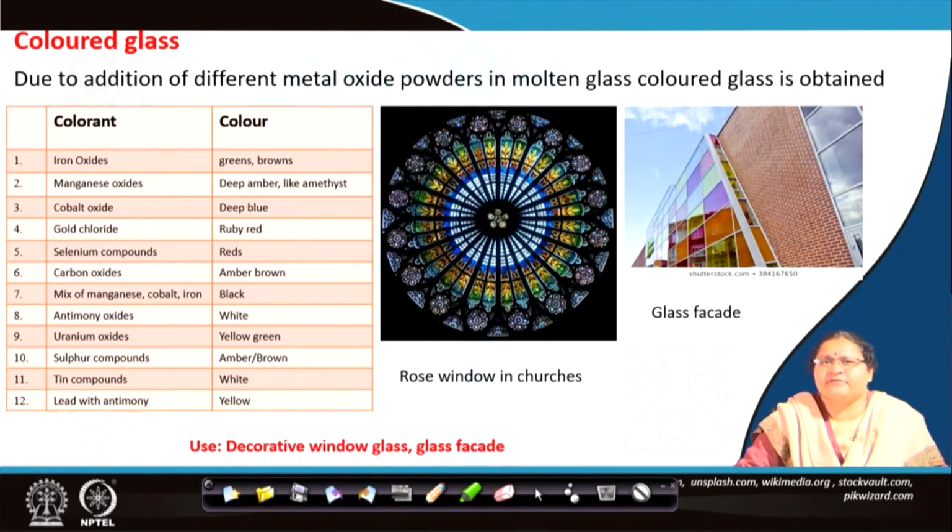Tin compounds give white. So, here is the list of colors and the coloring agents. Most of them are metal oxides, and metal chlorides. So, you are adding these during the melting process to get this colored glass.